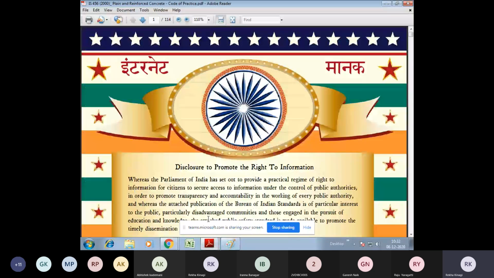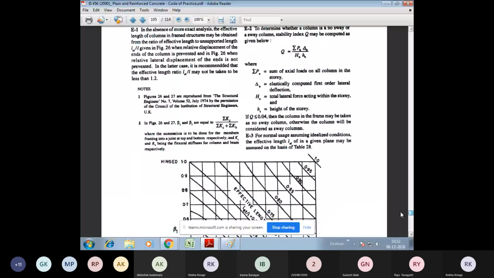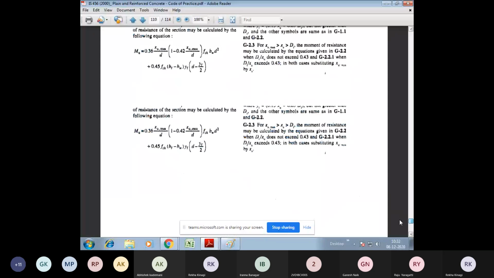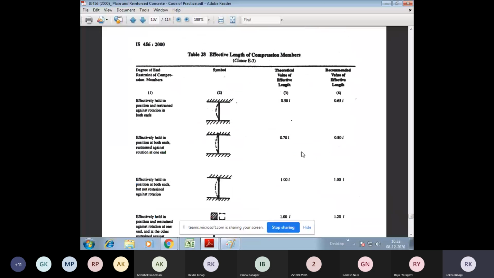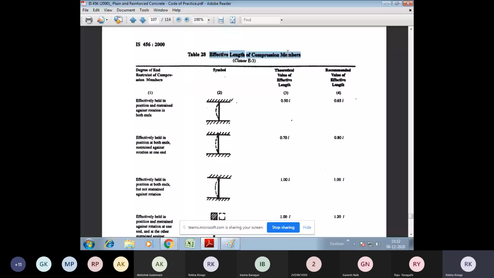Let me show you IS 456, table 28. Yes, here is table 28 of IS 456, wherein we have the effective length of the compression members.